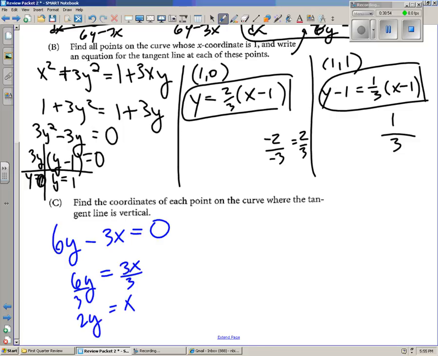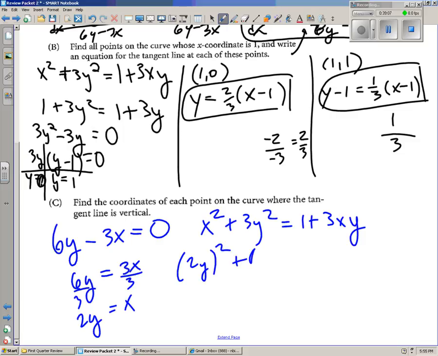So if x is equal to 2y, if we go back to the original curve, whenever we see an x, we can substitute a 2y in for it. So we have (2y) squared plus 3y squared is 1 plus 3 times 2y times y.